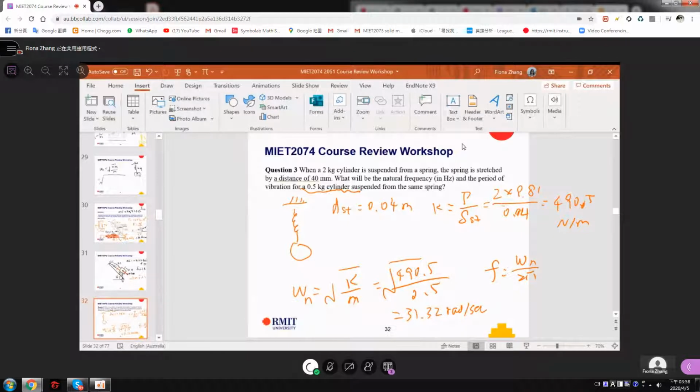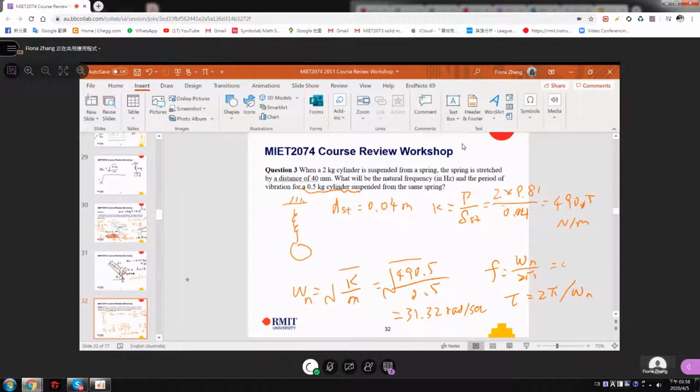Right, so your period. Period tau is 2 pi over omega n. So you can find the frequency in hertz and the period. Here the answer doesn't include the period, only the frequency in hertz.